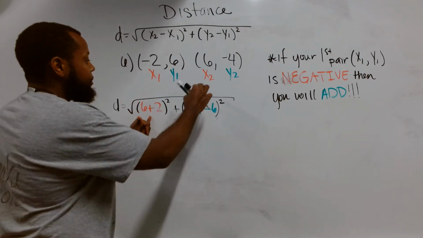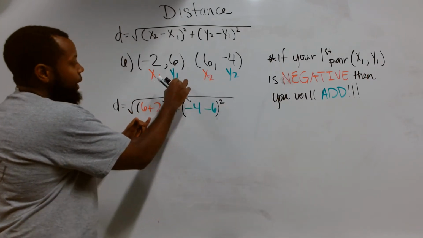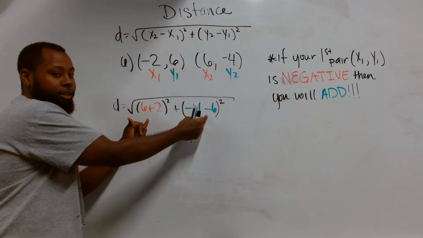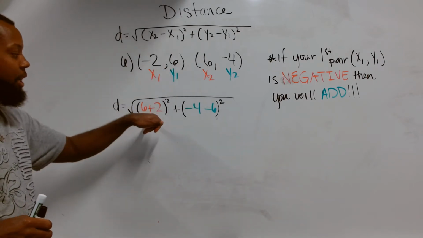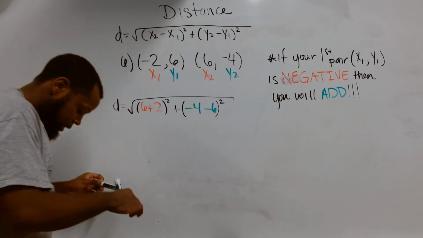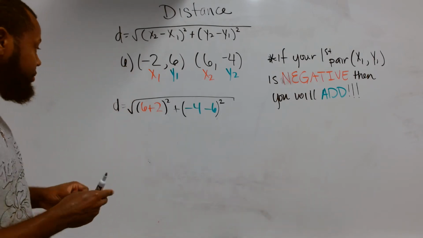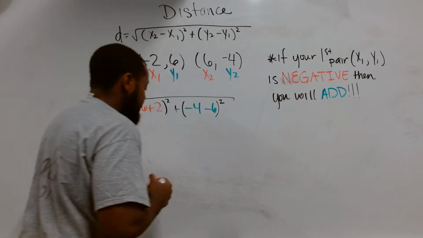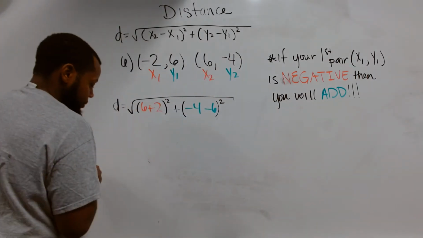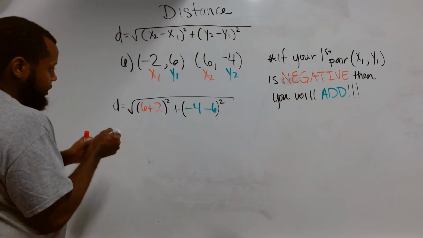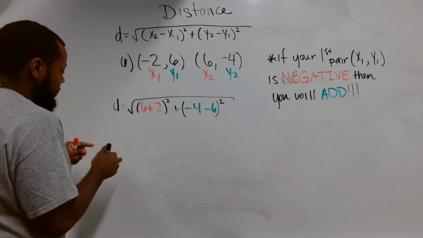You see how y1 is a positive number, so you have to subtract. So if your first pair has a negative, then you have to add. So, let's move forward. Let's start with our x's. Actually, going to write that part down too. It's about to get long.